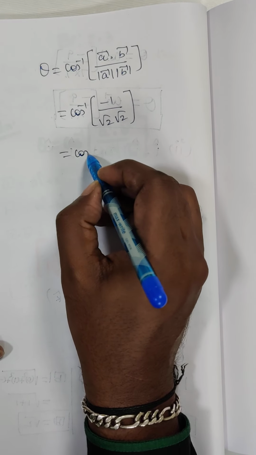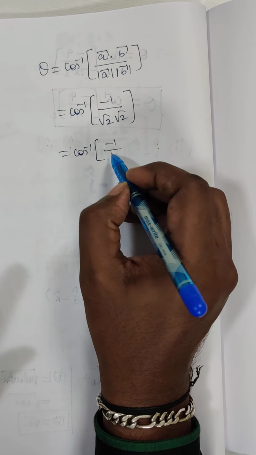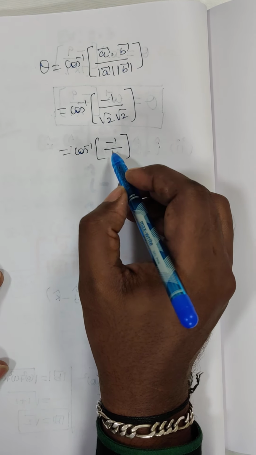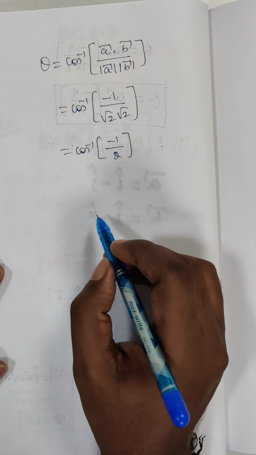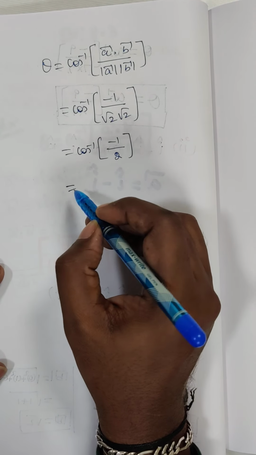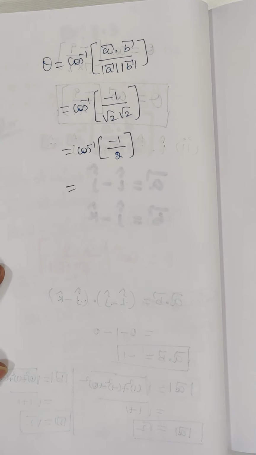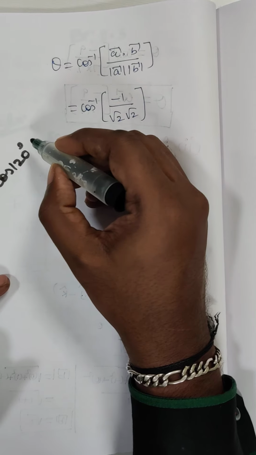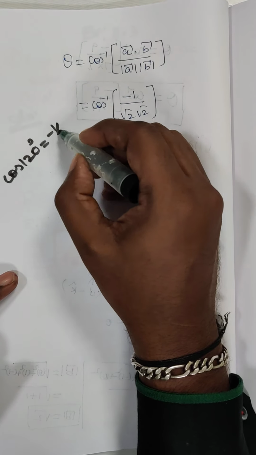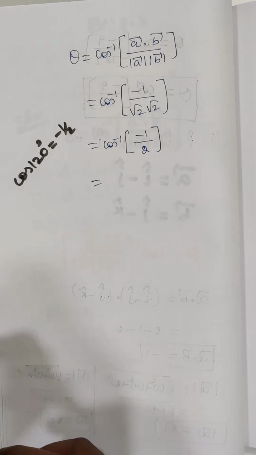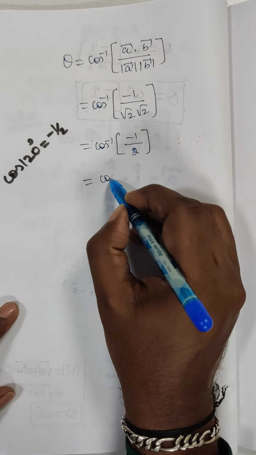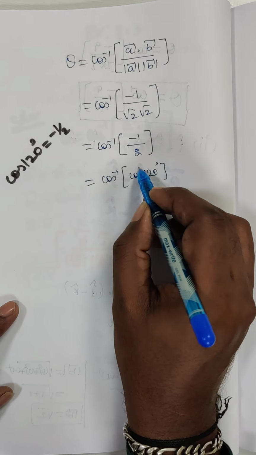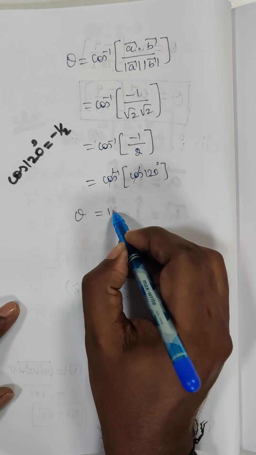So this is equal to cos inverse of minus 1 by root 2 into root 2, that is minus 1 by 2. Now cos 120 degree is equal to minus 1 by 2. So cos inverse of cos 120, cos and cos get cancelled, so theta is equal to 120 degree.